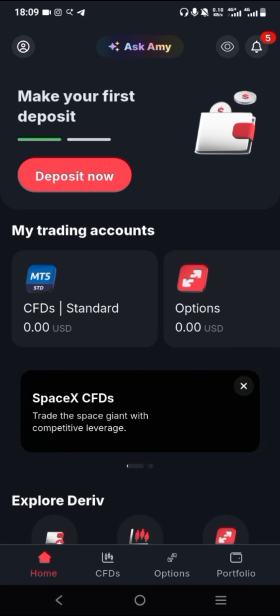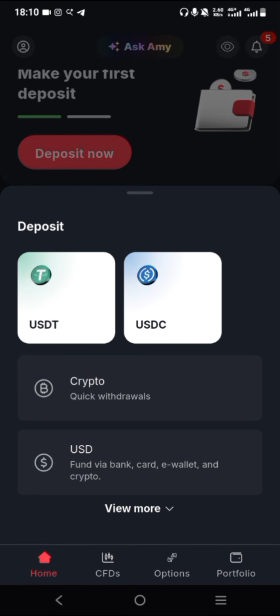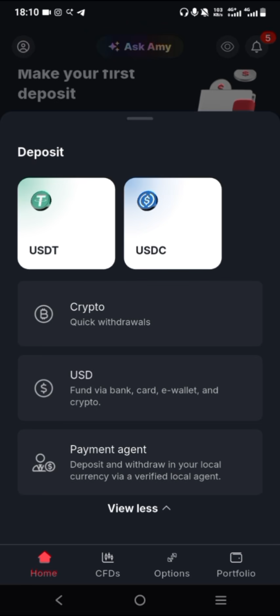As you can see, when I click on deposit now, it will take you to the available deposit methods, which you can see on the screen for many accounts. You understand? When I press view more, it will also show you other payment platforms.